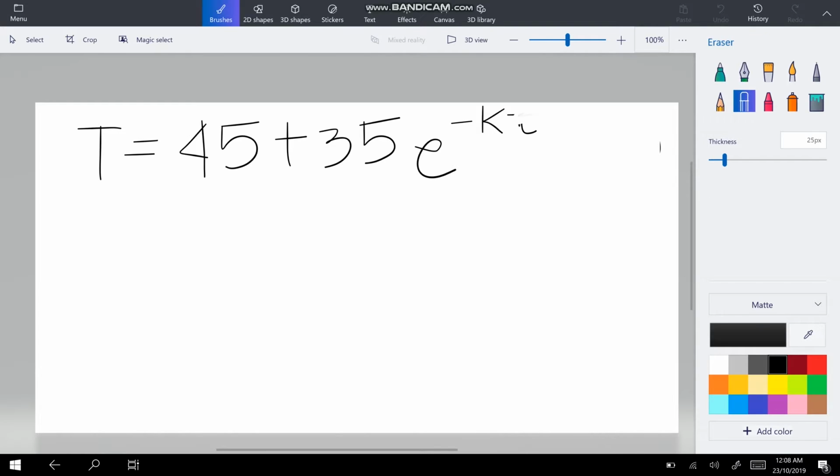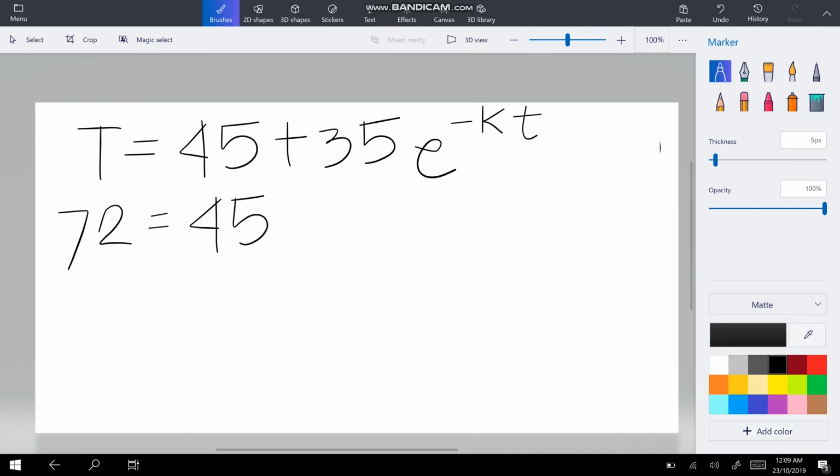Now to find k, we put in 72 for our temperature and use the time. Our information was given in minutes, so we'll assume little t is in minutes.